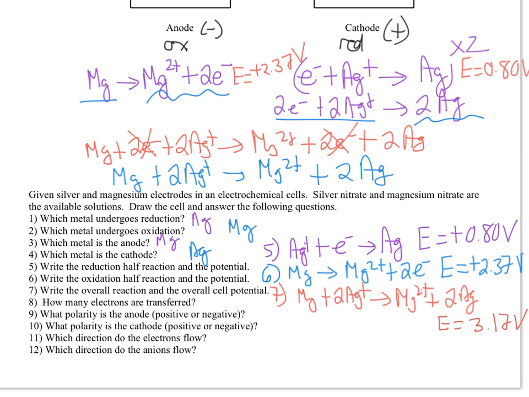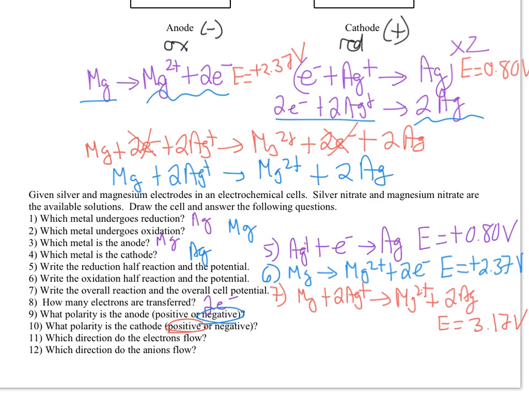All right, number 8, how many electrons are transferred? You figure that out either from each of the half reactions after you've balanced them and multiplied, so 2 or 2, or you can look at the overall one where whatever you canceled. So the answer to that is 2 electrons. The polarity of the anode is negative. The polarity of the cathode is positive.